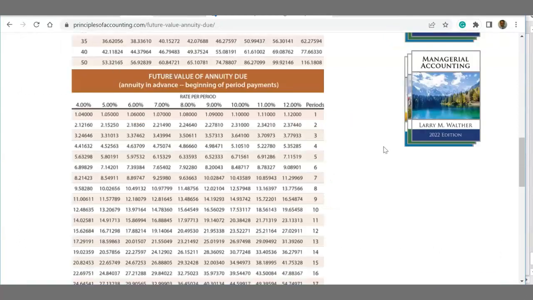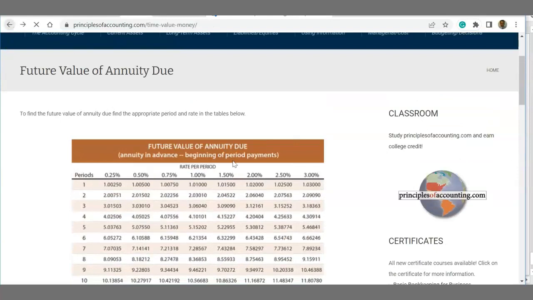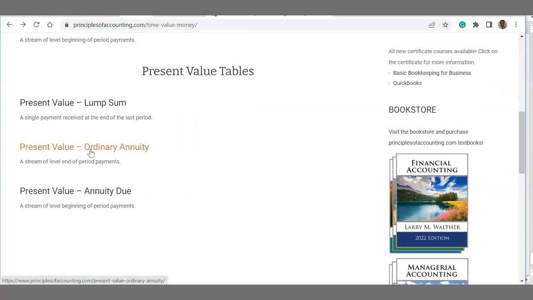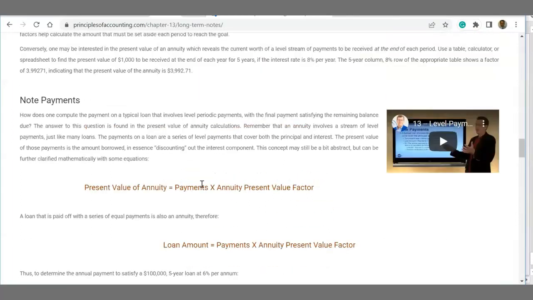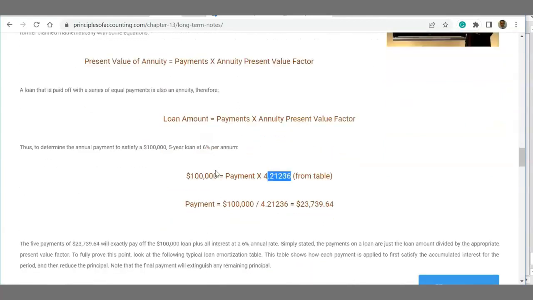So you go to present value of... I assume this is a borrowing and you have a payment at the end of each year, let's say.